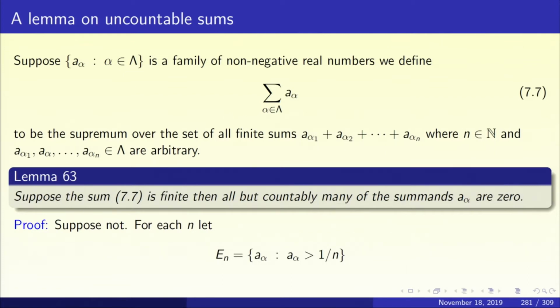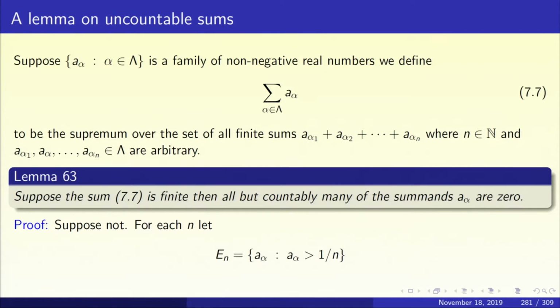What we do is very simple. We take finitely many indices alpha 1, alpha 2, alpha 3, alpha n, where the number of terms n is arbitrary and the indices alpha 1, alpha 2, alpha n are also arbitrary, chosen out of my indexing set lambda. And then you form the finite sum A alpha 1 plus A alpha 2 plus etc. plus A alpha n.